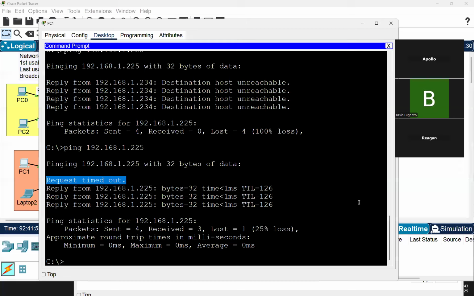If it doesn't receive a reply, then it will be timed out. The reason it is timed out is because before it could get the reply, this host here, PC1, was still trying to get the MAC address of this destination here. While it is trying to get the MAC address, this first packet was timed out. But after getting the MAC address, it was able to.